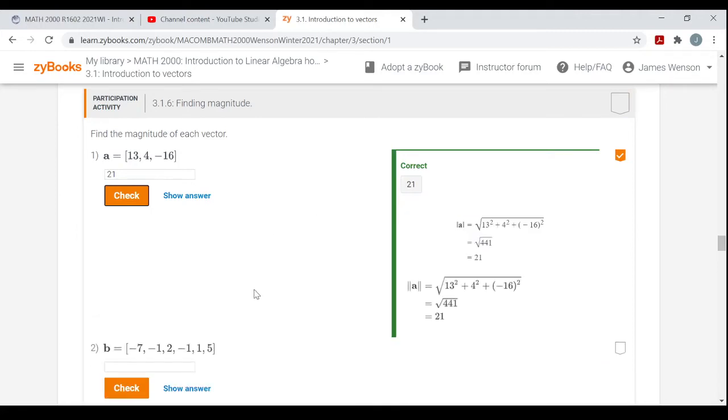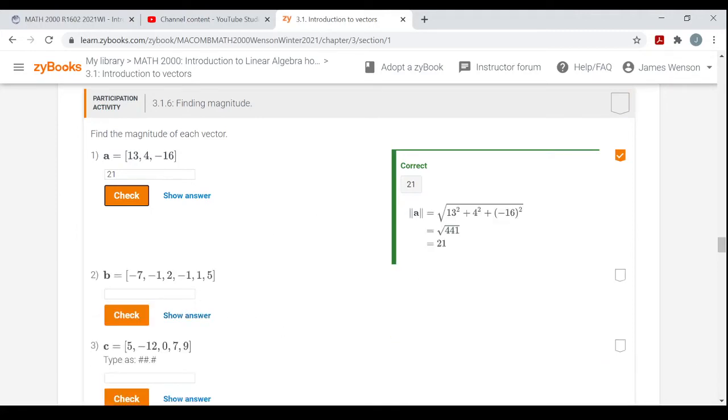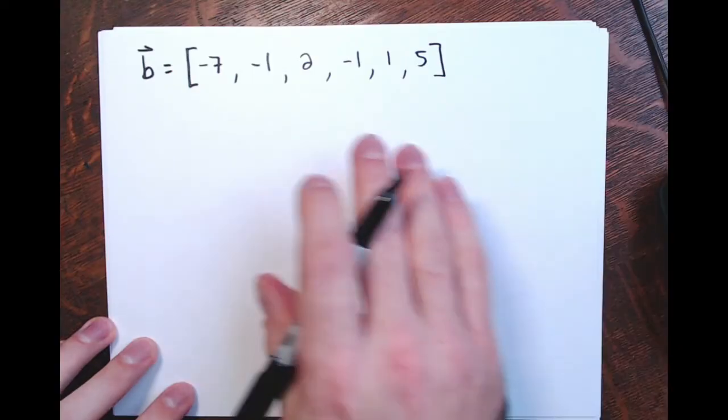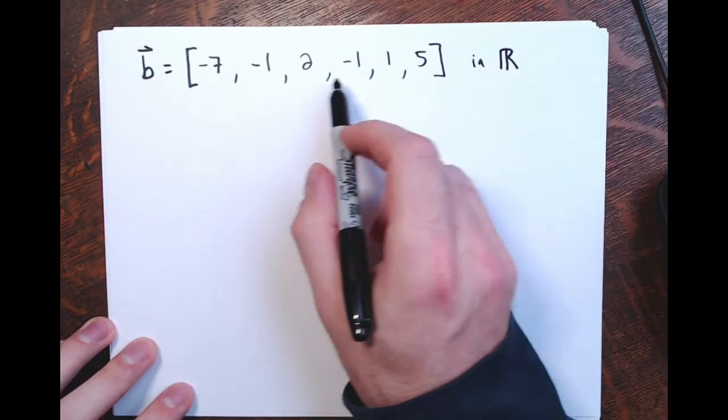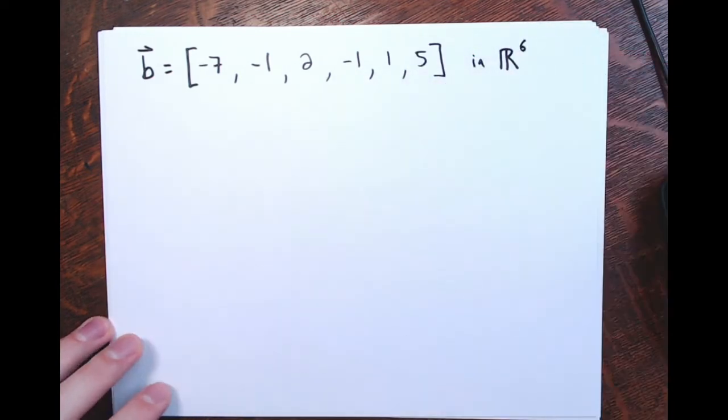Then I'll put up this one other vector here and do the same thing. So I've written this vector here. This is a vector in R6, right? There are 6 components here. I can't draw a 6-dimensional space.